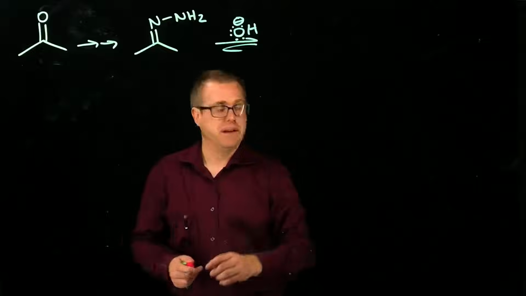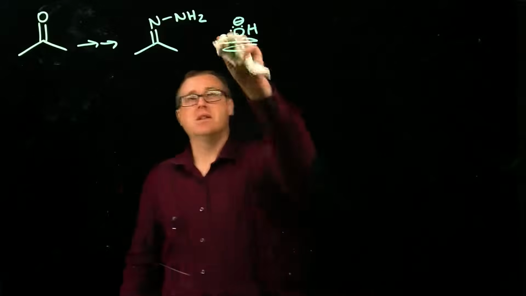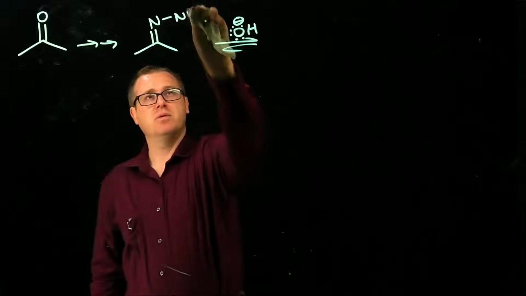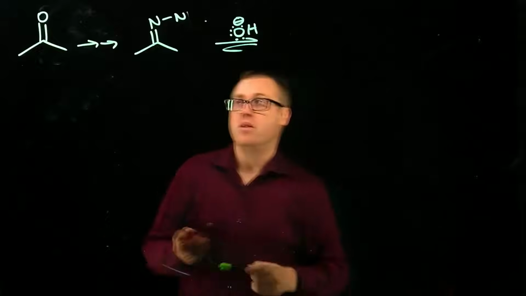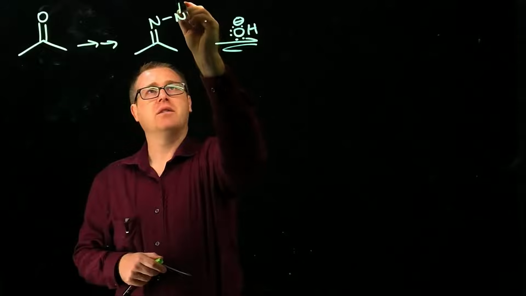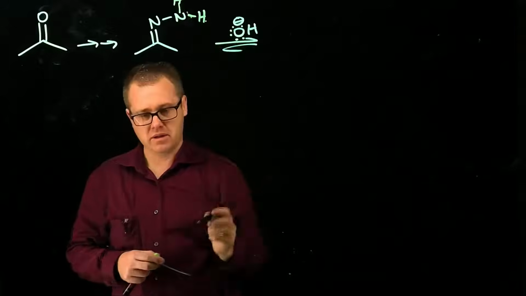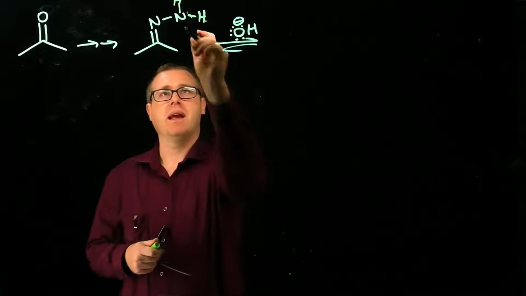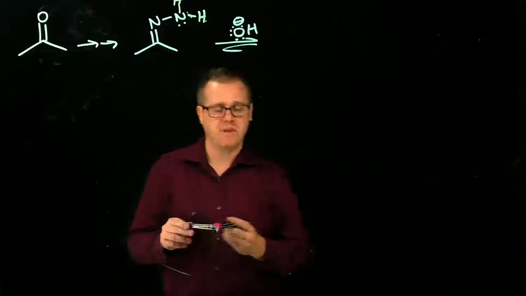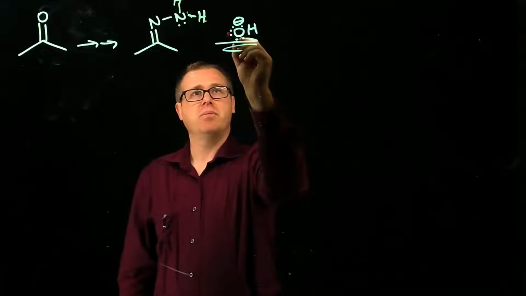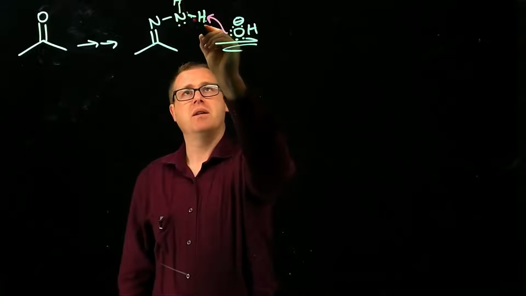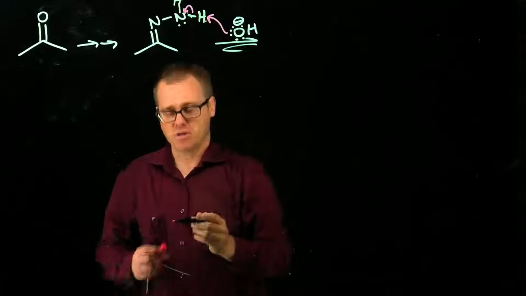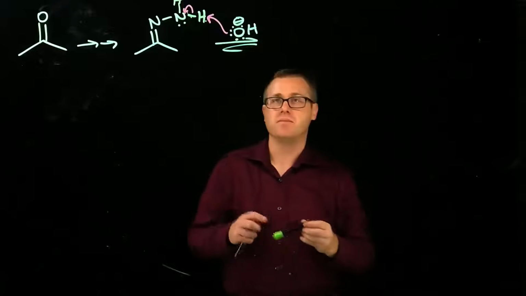So this is where we're going to start. I'm going to expand out the hydrogens on this hydrazone because those hydrogens are going to be very important in the reaction. And I lost the top hydrogen, but that will be okay. We'll fix that later. So the base is going to come and rip off one of those hydrogens.